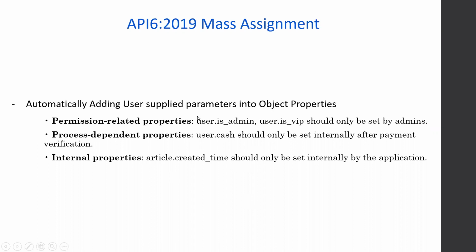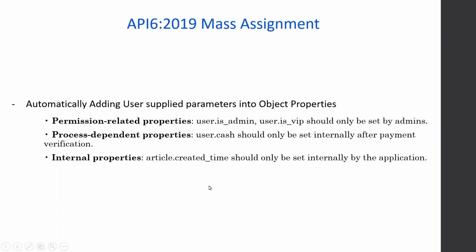Let's say user dot is admin is a flag that is later seen by the user. So next time what the user does is they change this is admin and set it to true explicitly and then send the request. This allows them to override the privileges, become an admin user, and do all sorts of things.